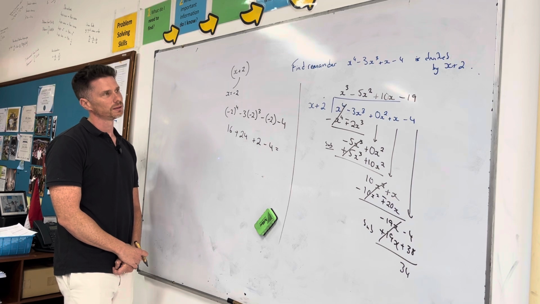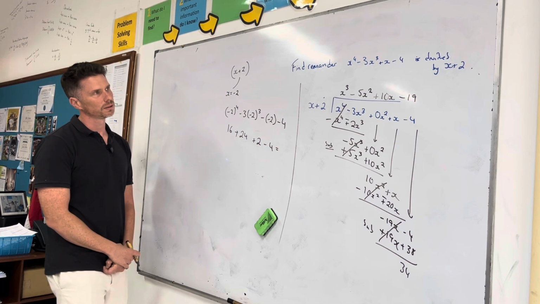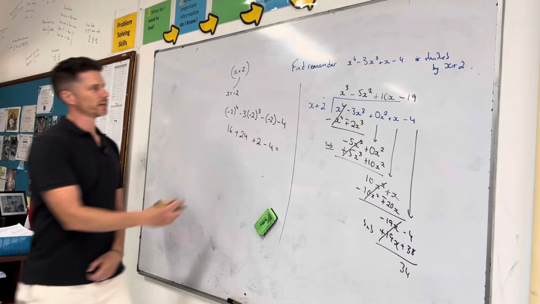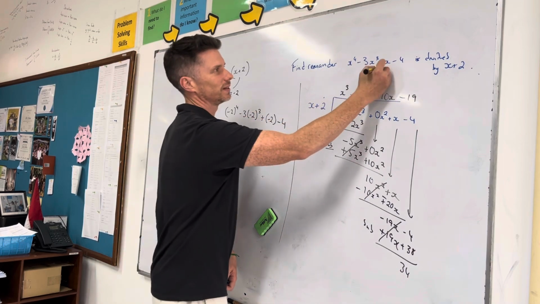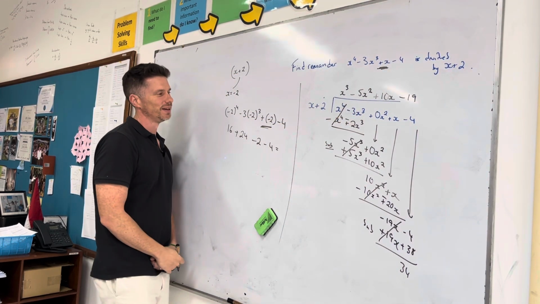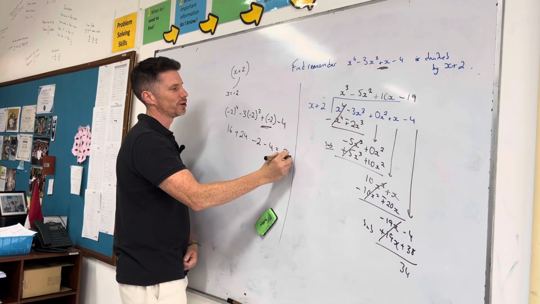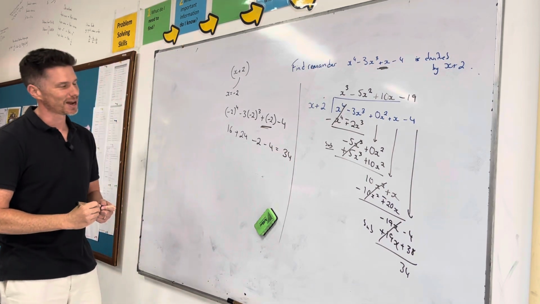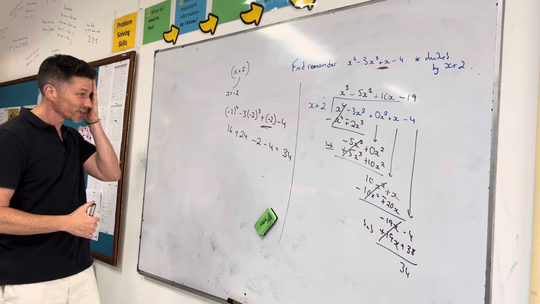Wait, what are those factors? Oh, it's minus 2, isn't it? Not plus 2? Because it's plus x. Why are we doing minus x? It's plus x. Yeah, Alex found the mistake. That's better. Now it's 34. The same remainder.